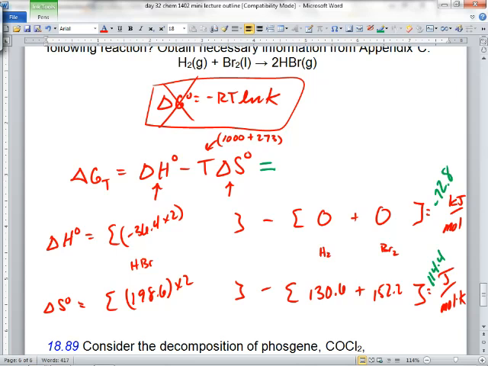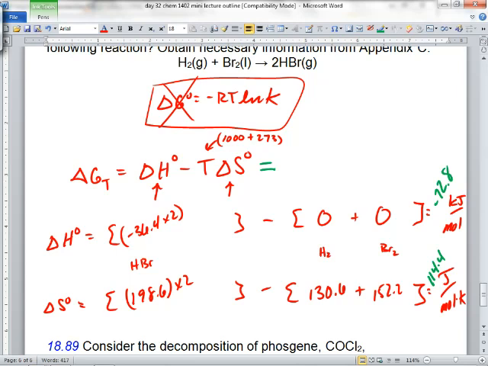what should we do before we just start plugging and chugging? Yeah, let's convert the delta S into kilojoules. Because I think the book likes kilojoules for stuff, so let's do that. We don't have to. We can convert delta H to joules, but I like Matt's idea. We have delta S, convert to kilojoules, make the number smaller or bigger? Make it smaller, 0.114.